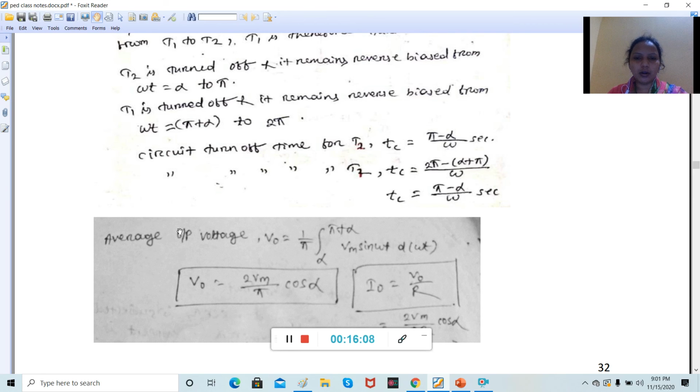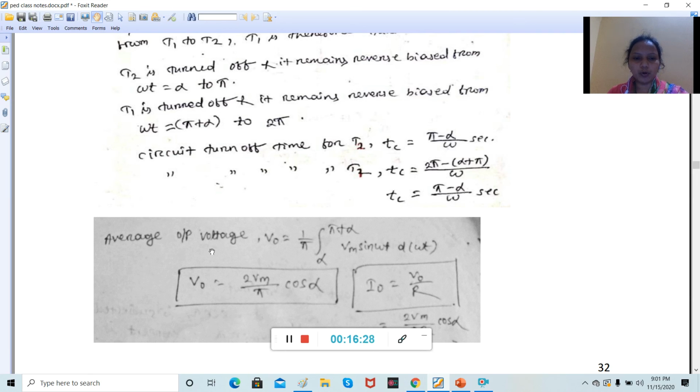For this fully controlled rectifier midpoint type configuration with RL load, the average output voltage V0 is equal to 1 by pi integral from alpha to pi plus alpha, because it is conducting from alpha to pi plus alpha at a particular time, of Vm sin omega t d omega t.